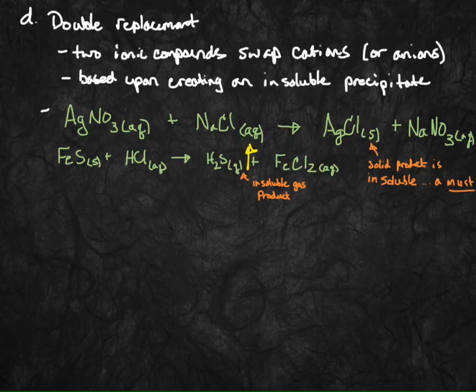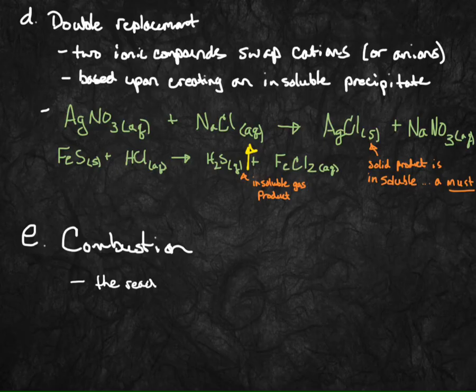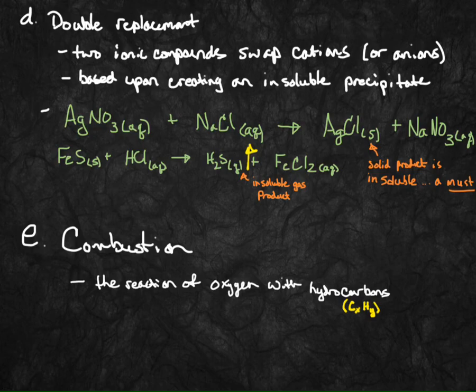Okay, then finally our last reaction we're going to talk about is combustion. And combustion is the reaction of oxygen with hydrocarbons or carbohydrates. Now, hydrocarbons have a general formula of CxHy. So there's a certain number of carbons plus a certain number of hydrogens, and it's a large class, and there could be any number of those, so we just call them hydrocarbons.